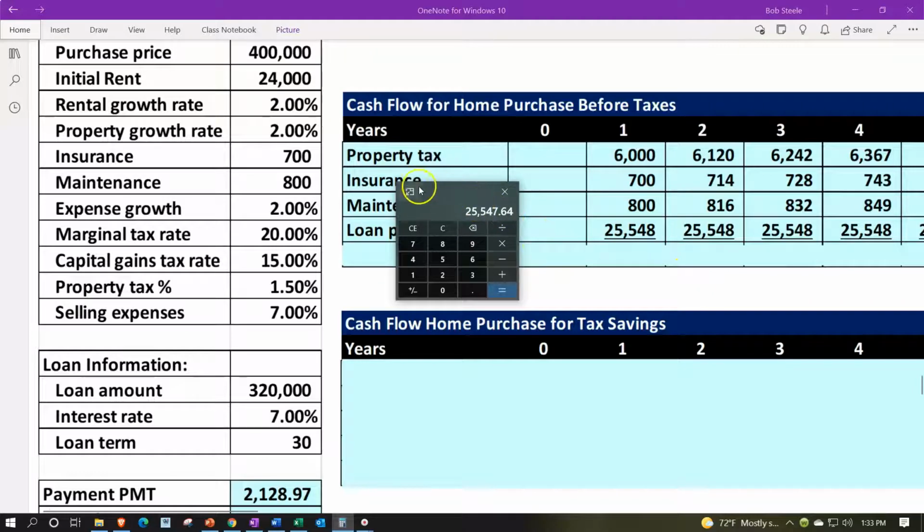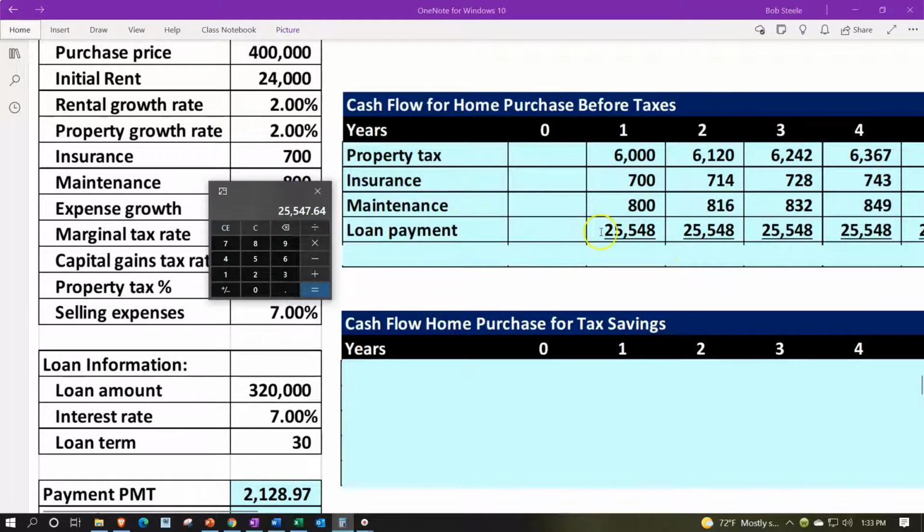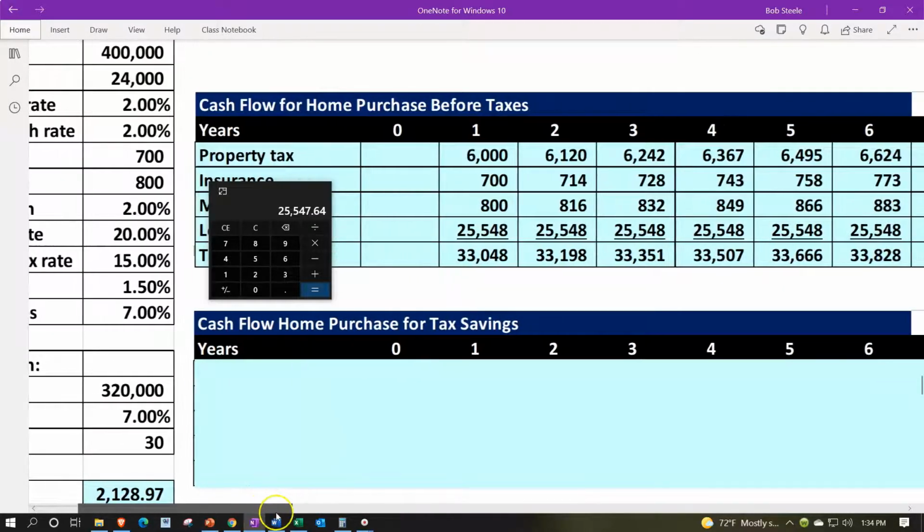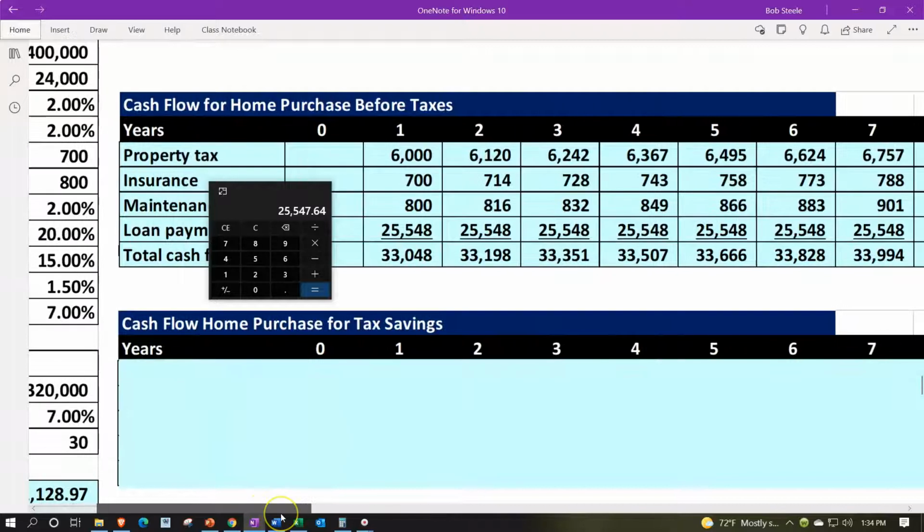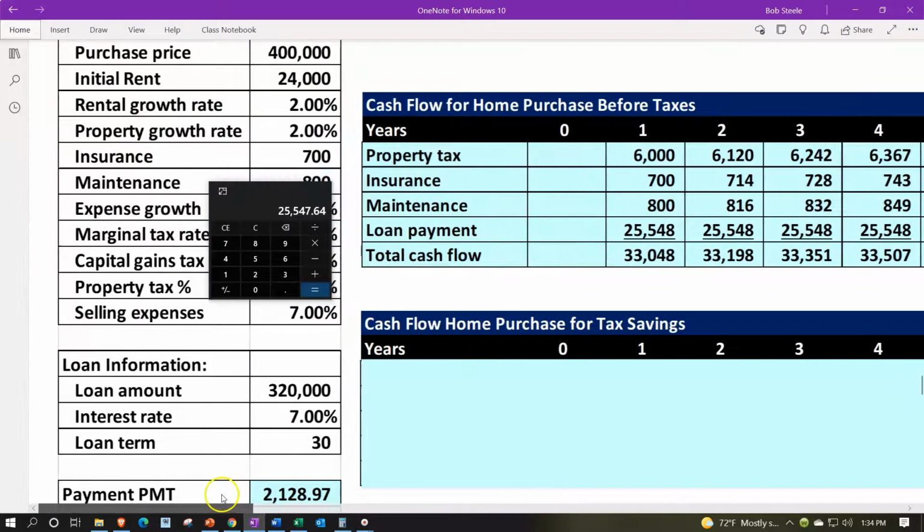That's an interesting thing, because if I compare this to the renting, remember I'm renting for $24,000, the major component of the home purchase actually stays fixed, where that rental amount is going to go up by the 2%, which could have an interesting impact as time goes by when we compare the cash flows related to the home purchase versus the renting. If we sum that up, cash flows for the home purchase at the 33,448, the 33,198, the 33,551, and so on.